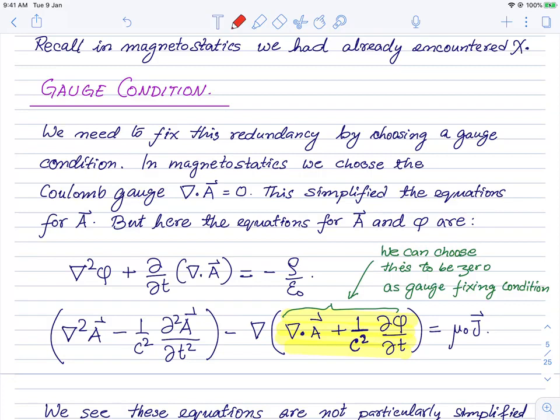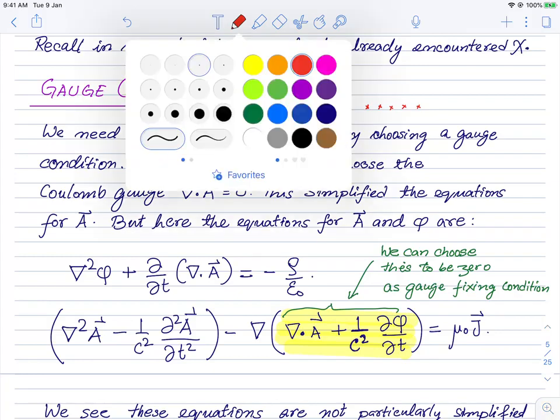For various given sources, that would describe a physical situation. Let me write the physical situations in terms of these crosses. All these crosses represent a set of solutions for phi and A, just to give you a pictorial description of what is going on.